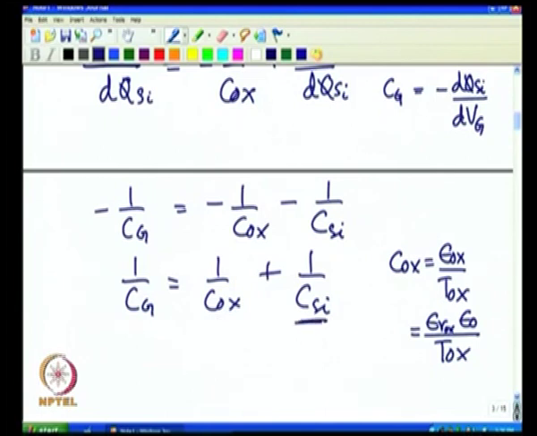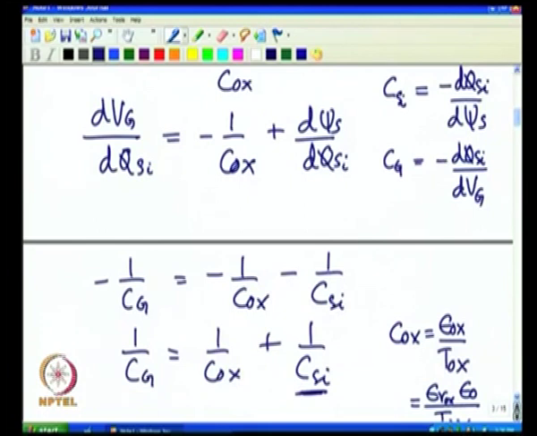However, C silicon, which is defined as dQ silicon by d psi s, is not constant. For a unit change in surface potential, how much the change in charge is varies depending on whether that capacitance is in inversion region, whether it is in depletion region, or whether it is in accumulation region.